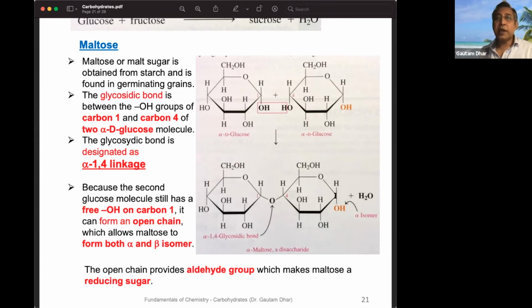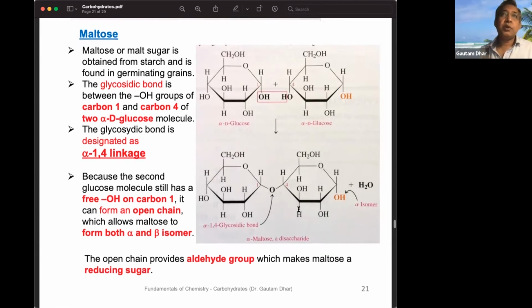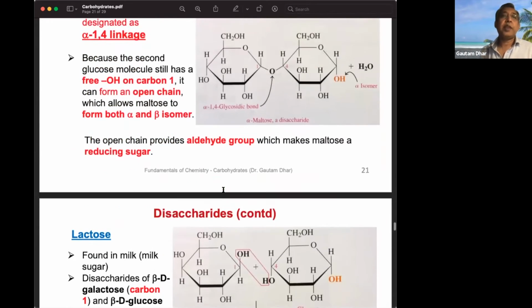If the OH on the right is pointing up, then this becomes a beta maltose. So alpha 1,4 linkage, but a beta maltose. You have to look at the bond and say which carbons are joining, and whether that is alpha or beta. And you have to look at the product finally and say whether the product is alpha or beta. So four things that you need to check.